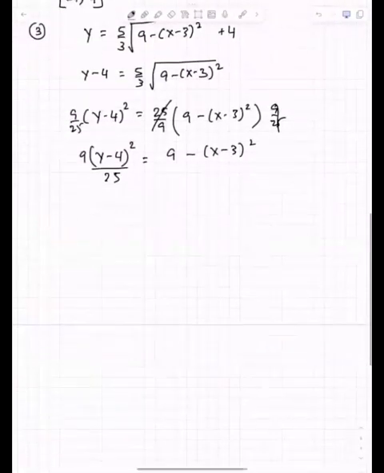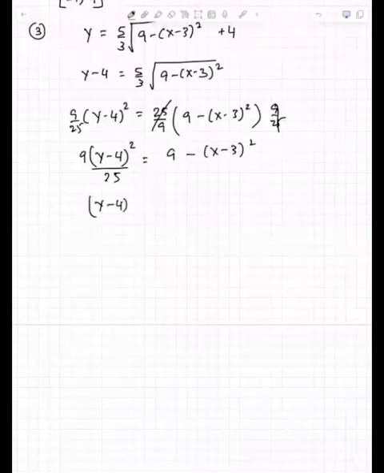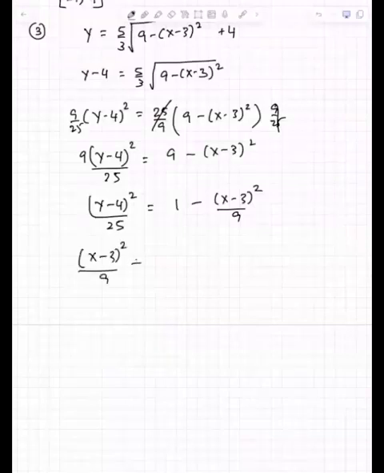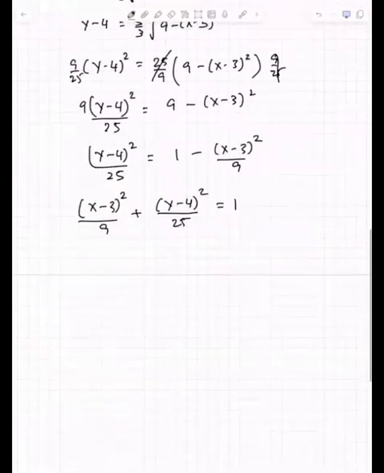Let's divide both sides by 9. Add this guy to the other side. And we have our ellipse, right?